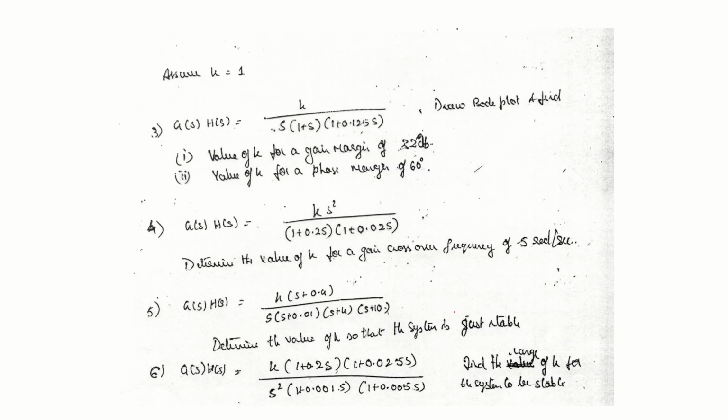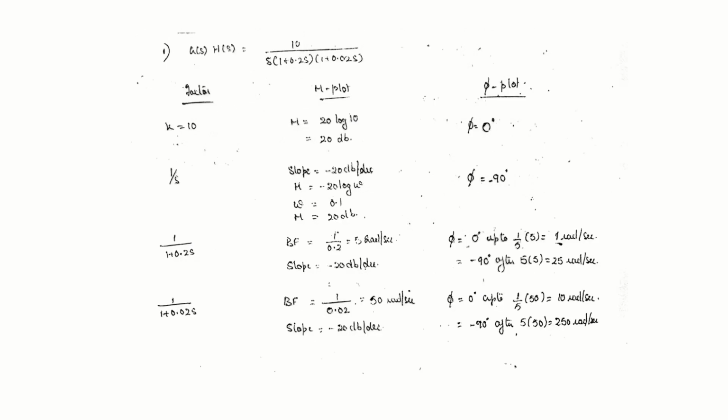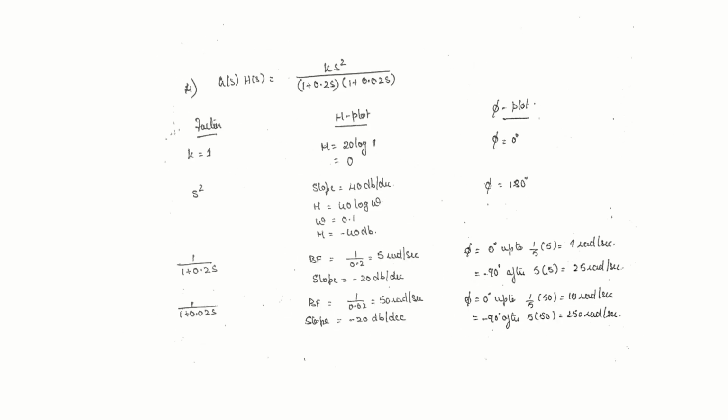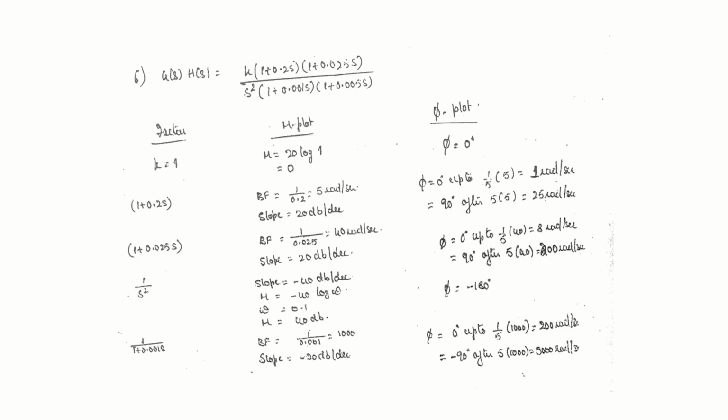Then assume k is equal to 1 and draw the Bode plot. And we can find what should be the value of k for a gain margin of 32 dB, or what should be the value of k for a phase margin of 60 degrees. Like these kinds of examples we can solve. There are many such examples.